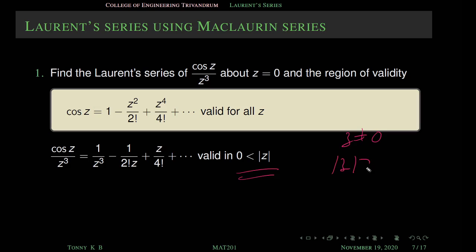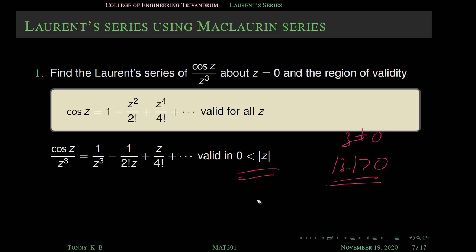Mod z greater than 0 means what? Set of all complex numbers without 0. When z equal to 0, its modulus becomes 0. We assume that mod z is greater than 0. So this is all the complex numbers except 0. Right? So what is the smaller radius and what is the bigger radius?